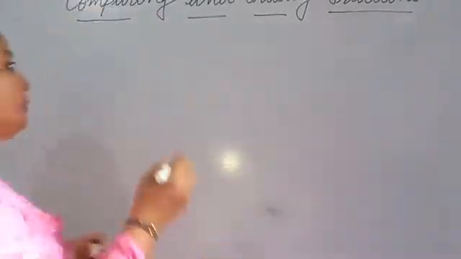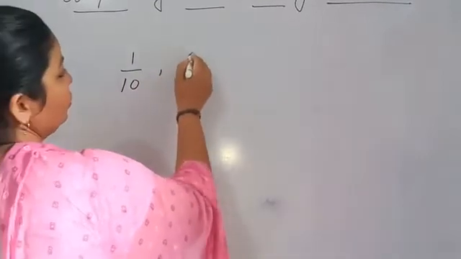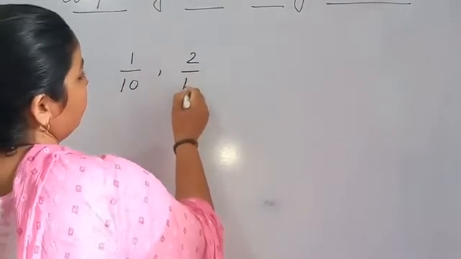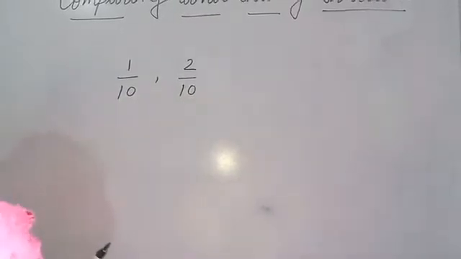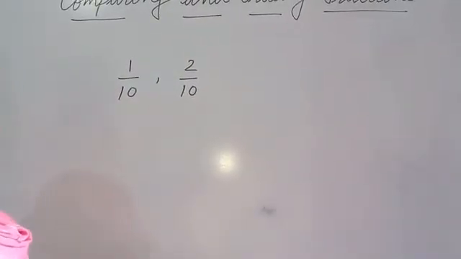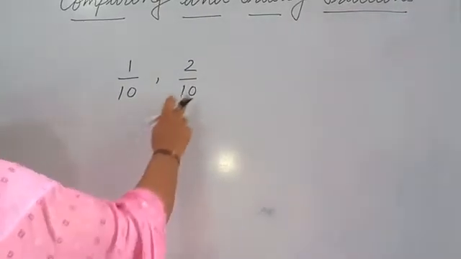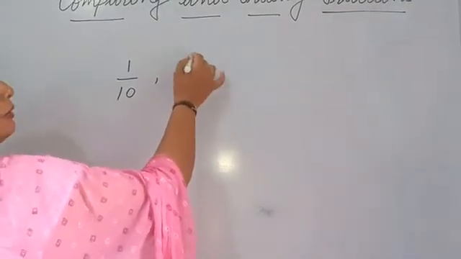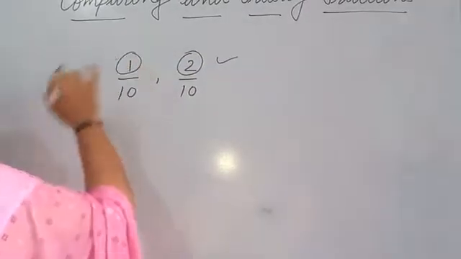Suppose we have 1 upon 10 and 2 upon 10. Now the denominators are same. So whenever denominators are same, that means these are like fractions. Now which numerator is big, that fraction is big. Now 2 is big, that means this is big, and 1 is small, so this is small.